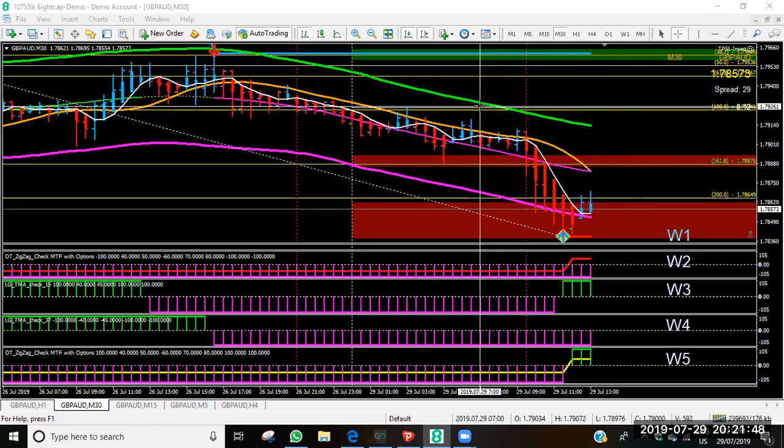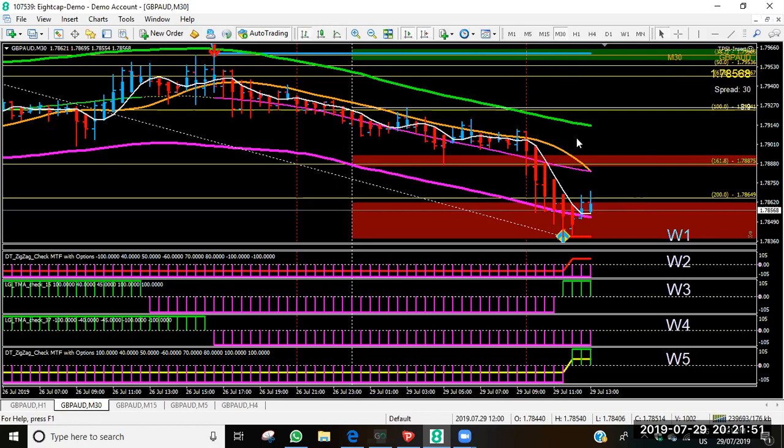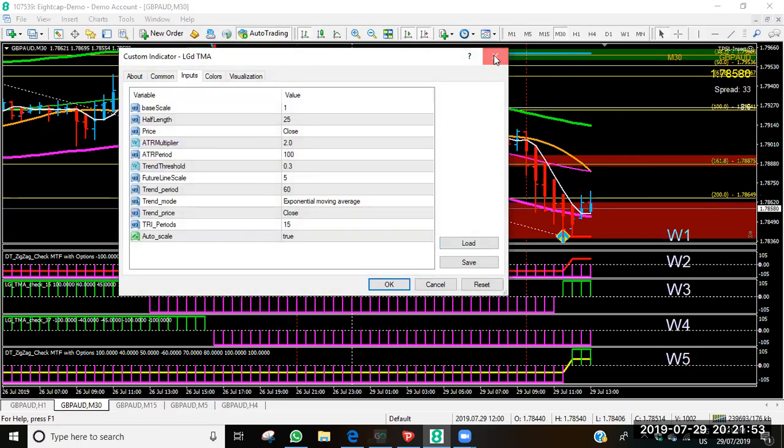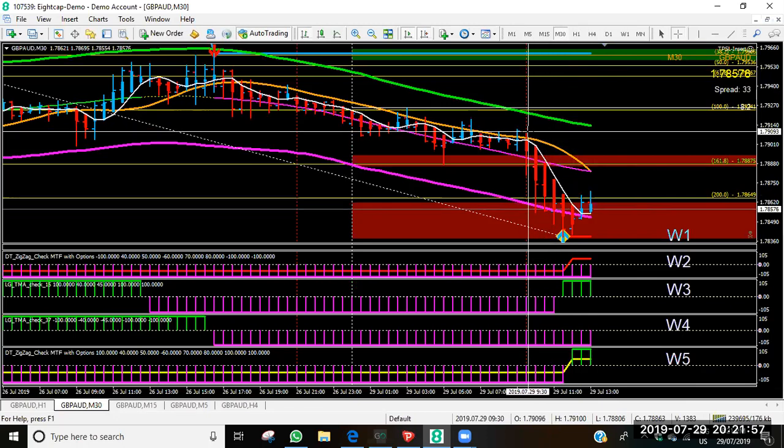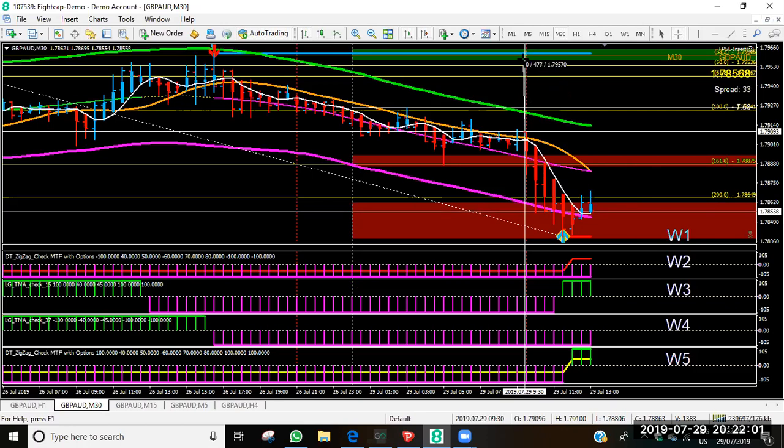Okay, so if it's in the 30 minutes, stop level's 50 pips up. Pretty much to the channel line, it's 52 pips. Default's 50 pips.